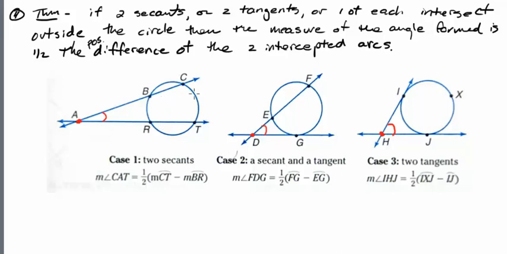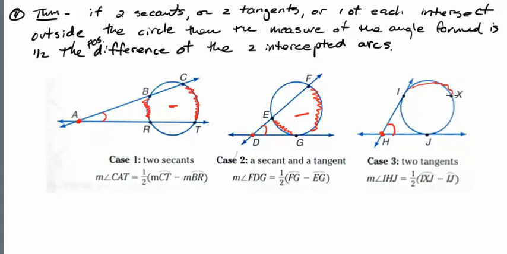So what you need to do is take this arc CT and subtract arc BR. You're subtracting the smaller one from the larger one. And then whatever that difference is, take half of it and it's equal to that angle. And the same thing happens in each one of these examples. You take the difference of those two arc measures and then take half of that.